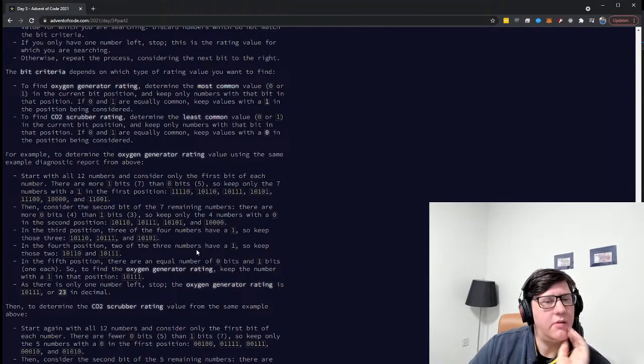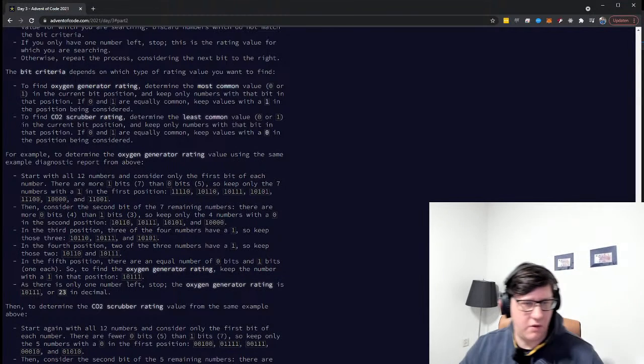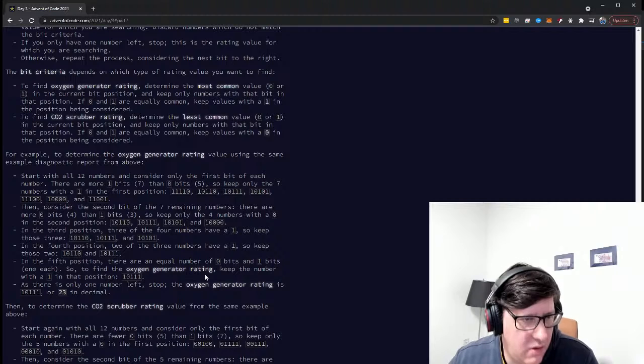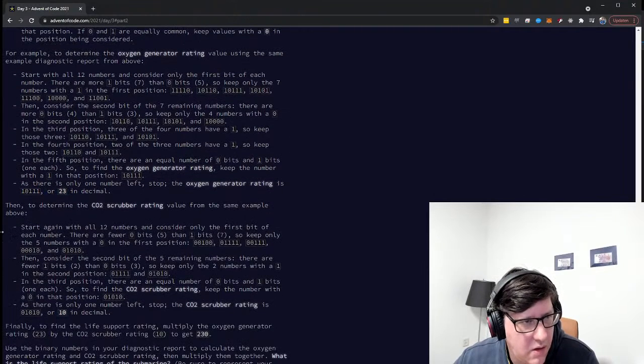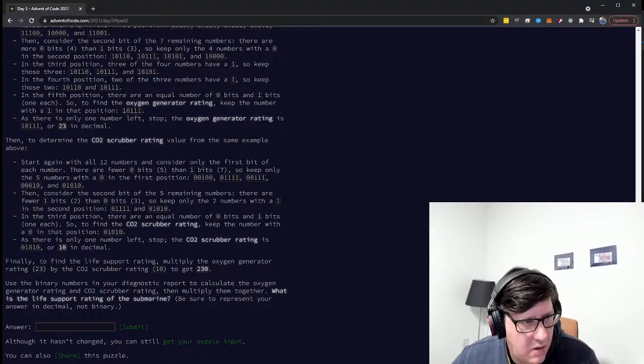Two of the three numbers have a 1, so keep those two. In the fifth position, there are an equal number of 0 bits and 1 bits, so for the oxygen generator, keep that number with a 1. Okay. So as there's only one number left, stop, the oxygen generator rating is that. Then to determine the CO2 scrubber rating, you do the same. Finally, to find the life support rating, you multiply those two.